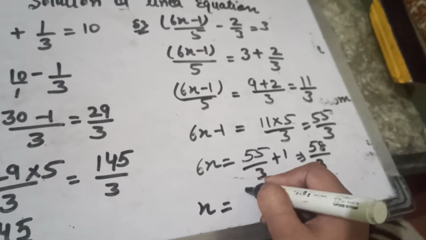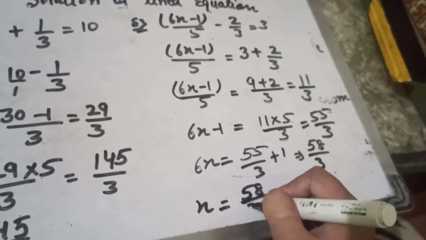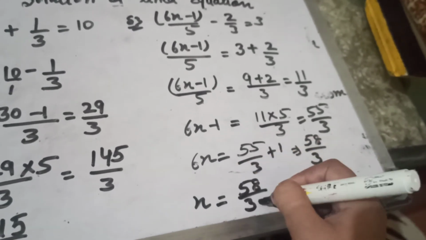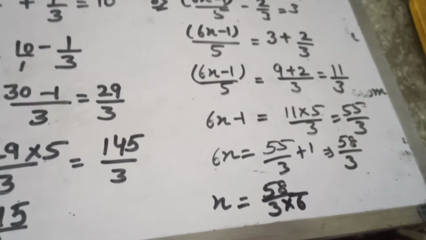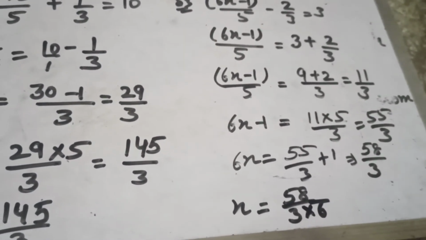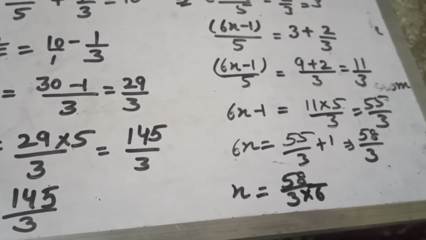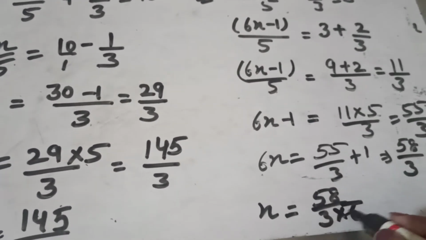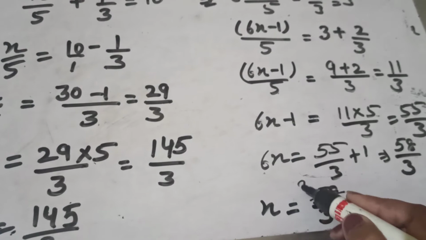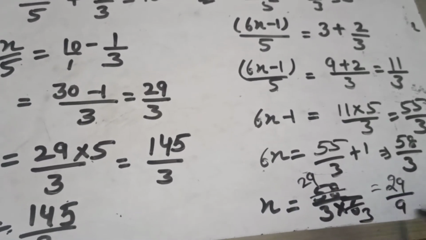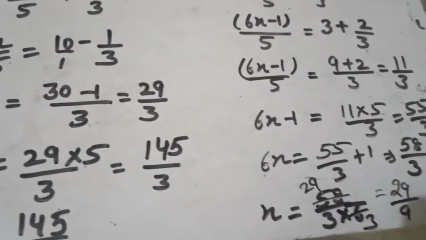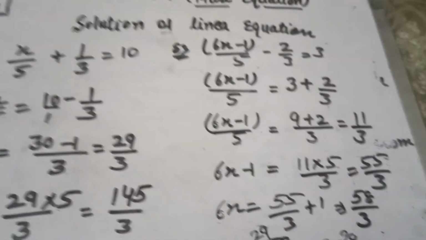Now 58 by 3, this 6 will come again here, but with the denominator in the multiplication. Right? So now solve it. 2 3s are 6, 2 2s are 4, 2 9s are 18, which is 29 by 3 3s are 9. So the solution of this one is 29 by 9.